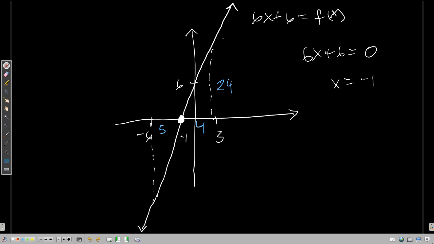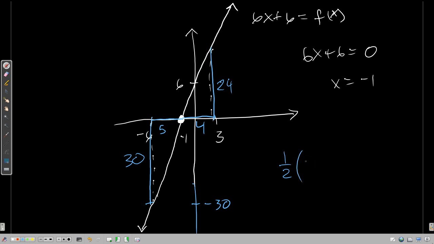That's a negative 36 plus 6, so that's minus 30 right there. So that makes the leg of this triangle be 30, with a base of 5, and then this one has a base of 4 and a height of 24.